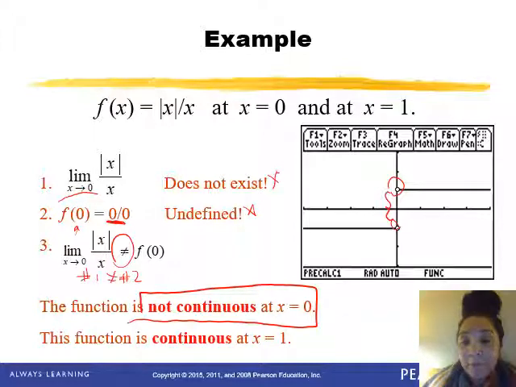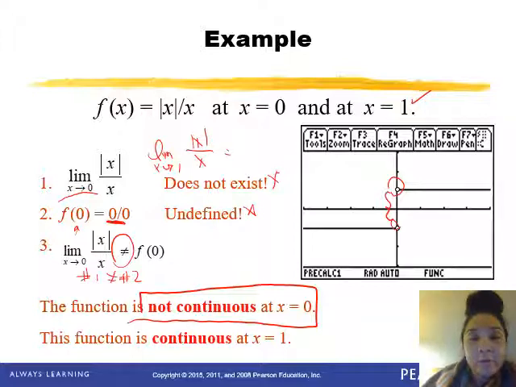However, let's do everything again for x equals 1 right here. So we have the limit as x approaches 1 of the absolute value of x over x, and that is equal to 1. The function f of 1 is also equal to 1.